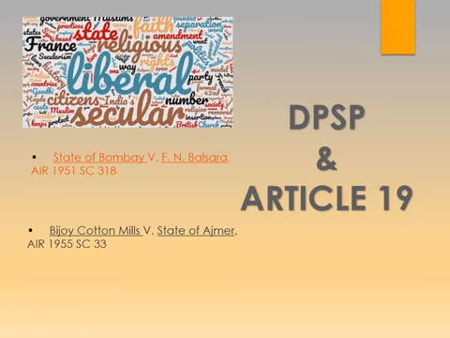In the case of Bombay Cotton Mills versus State of Ajmer, the Supreme Court upheld the constitutional validity of the Minimum Wages Act 1948 because it was enacted to give effect to the DPSP in Article 43 of the Constitution. It was held that the fixation of wages for laborers did not violate the freedom of trade under Article 19 Clause 6.